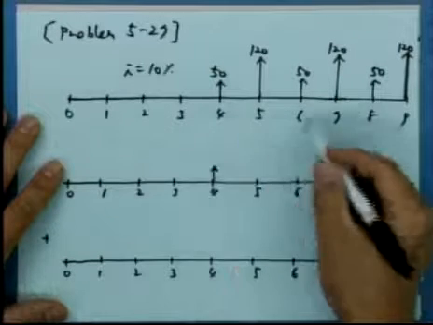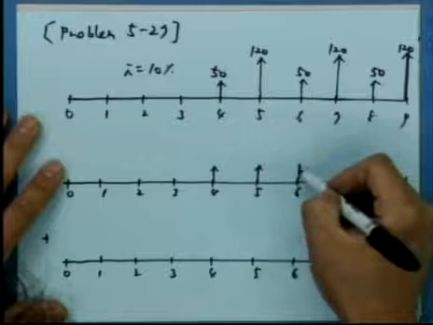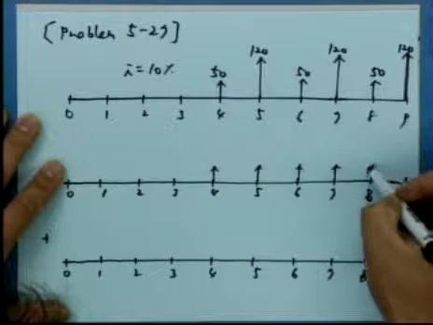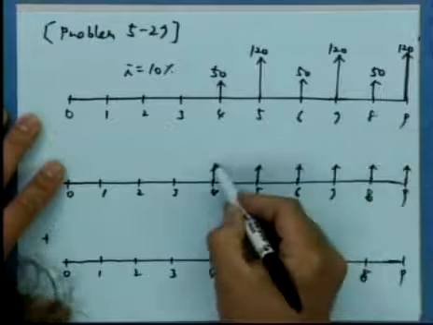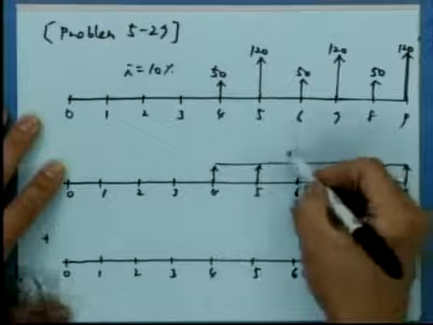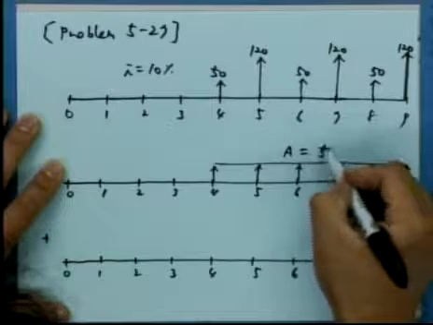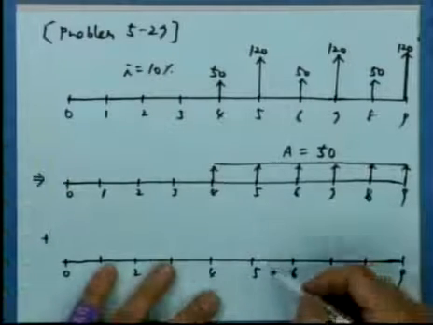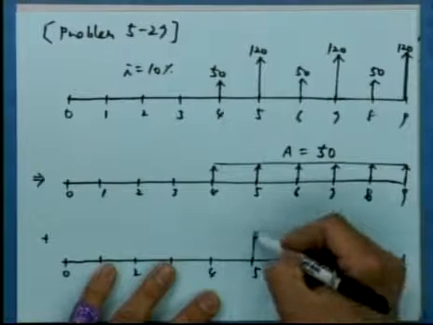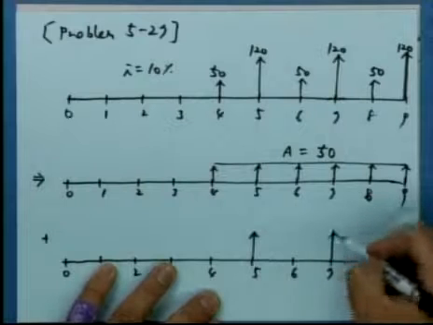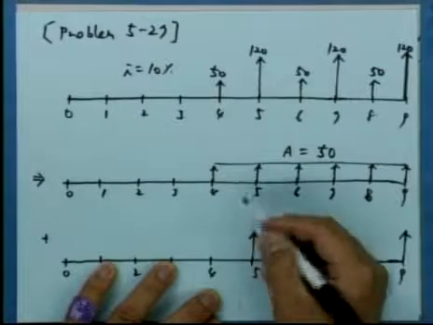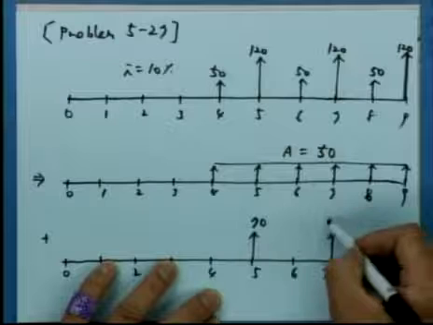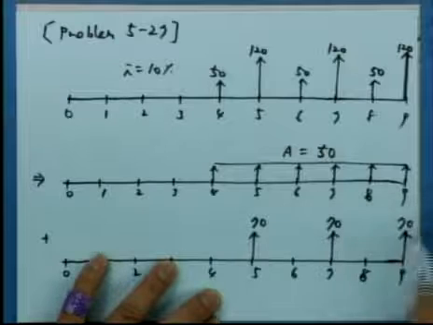We have 50s. Then what is left over? At the end of period 5, 7, and 9, we have 70s. Okay?